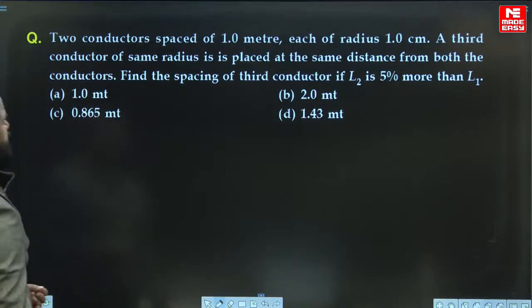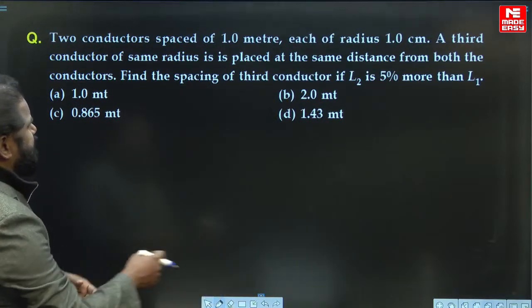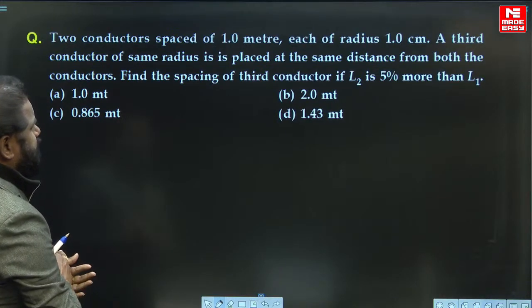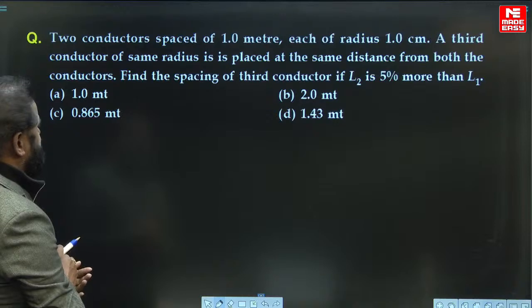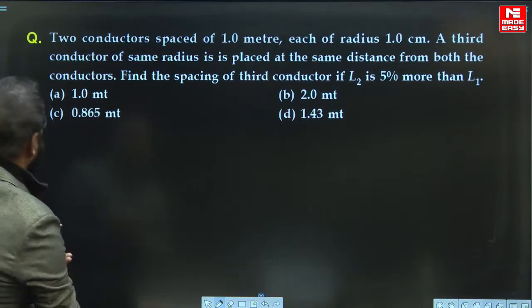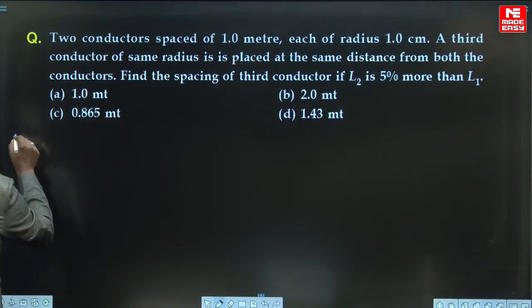Two conductors are spaced 1 meter apart, each of radius 1 centimeter. A third conductor of the same radius is placed at the same distance from both conductors. Find the spacing of the third conductor if L2 is 5% more than L1. First of all, calculate L1.